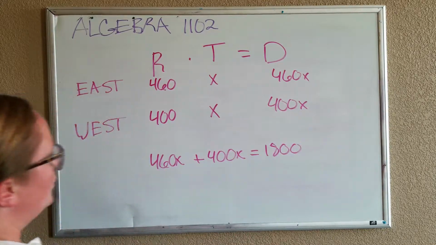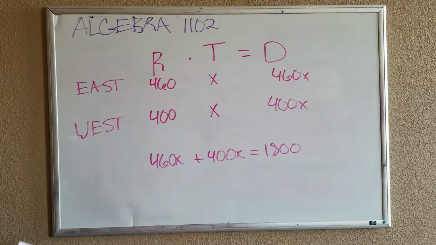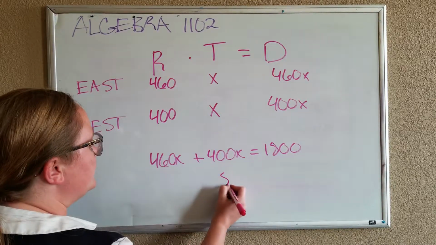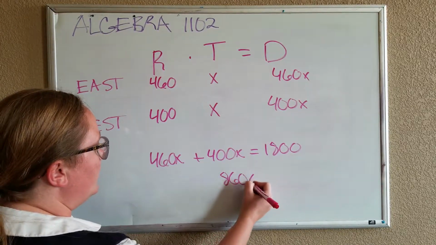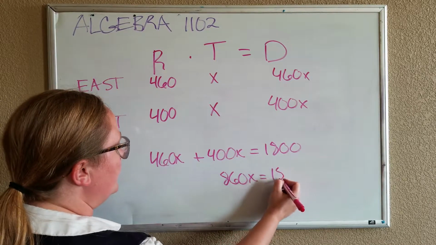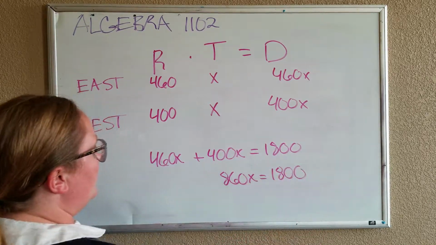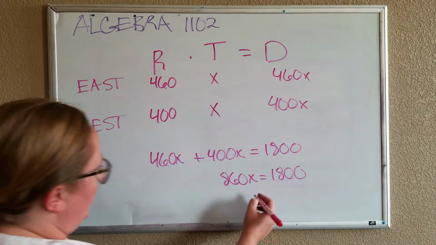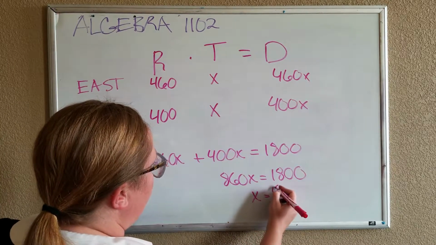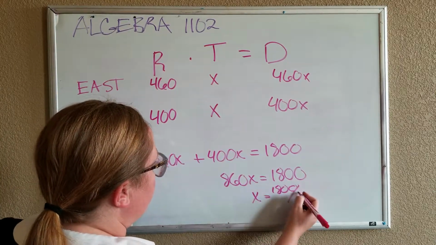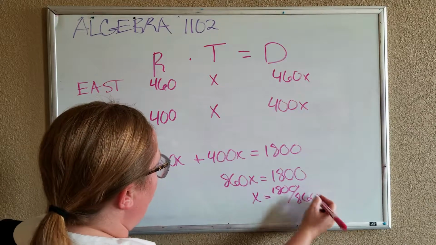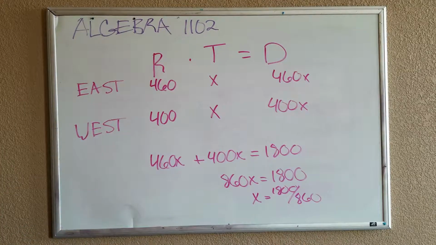All right, so 400 plus 460 is going to be 860x equals 1,800. I did not bring a calculator, but you need to go 1,800 divided by 860, and that's going to give you x. All right, probably going to give you a decimal.